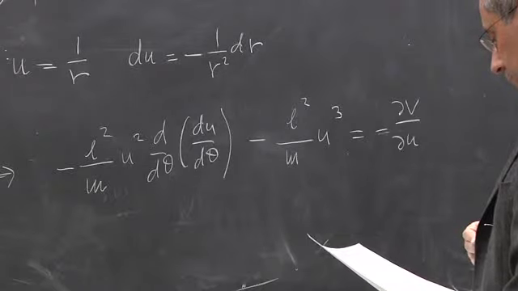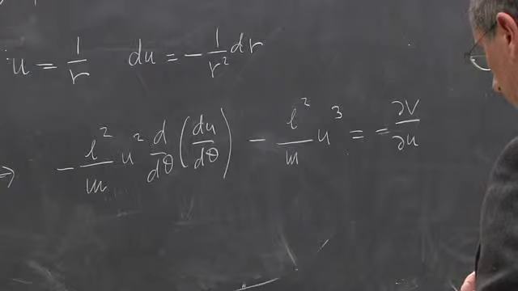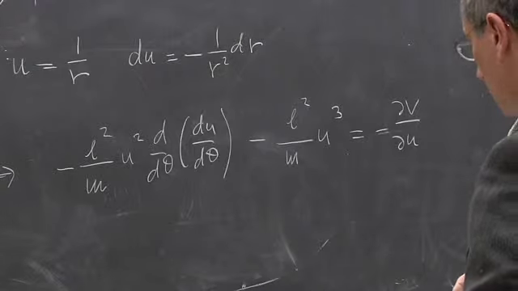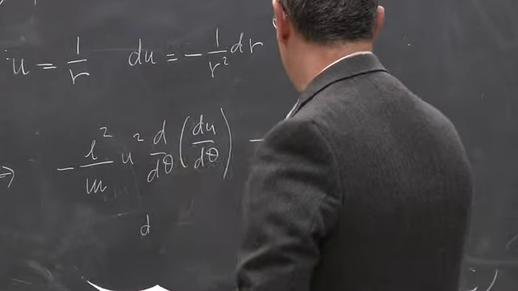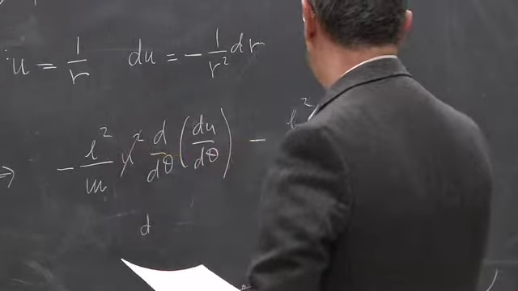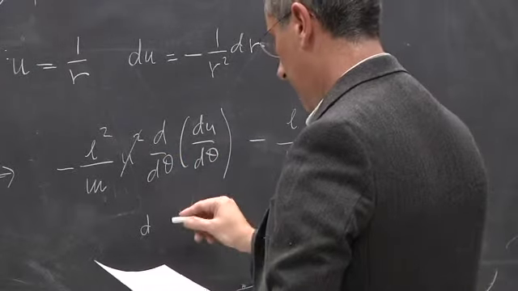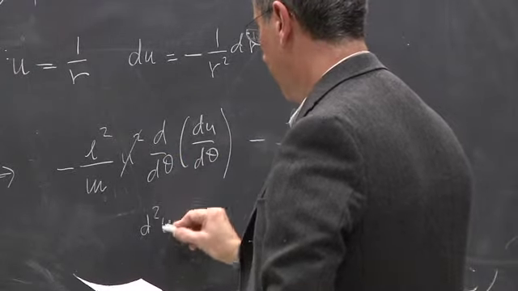Okay, so this is the form you usually see; sometimes it's written this way. You can simplify u and bring it there, so you have a nice form for this equation.